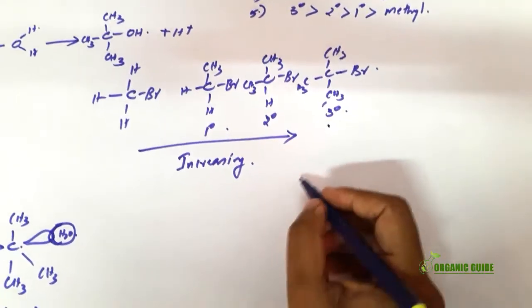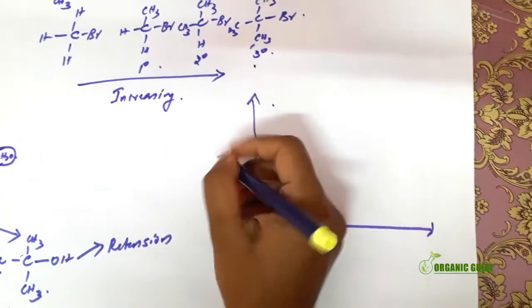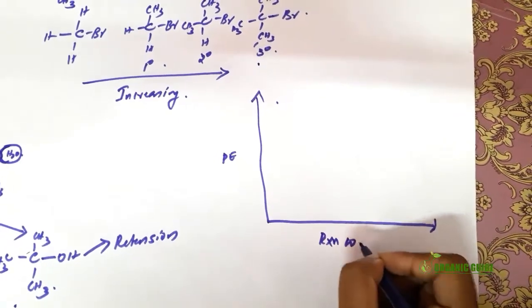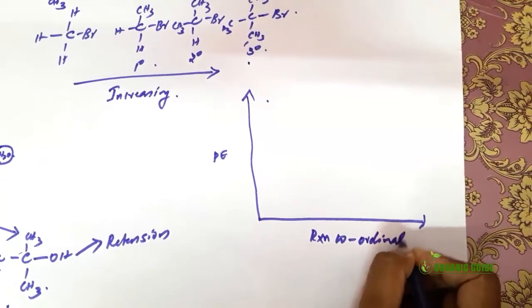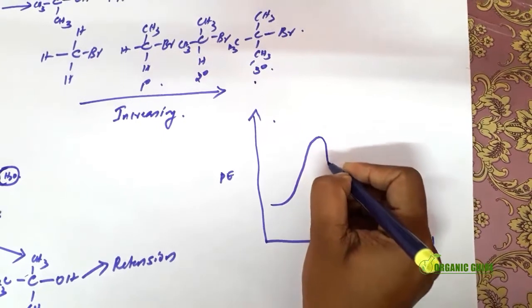And moving to its energy profile diagram. This is potential energy and this is the reaction coordinate. We will get two peaks.